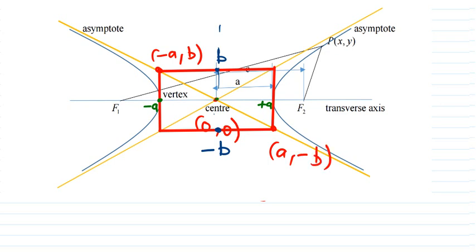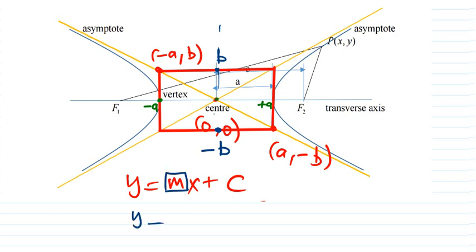So as a smart student, I'm sure you know how to find the equation of a line. It's in the form y = mx + c, and you can easily find it, right? The key thing is we need to find the gradient.